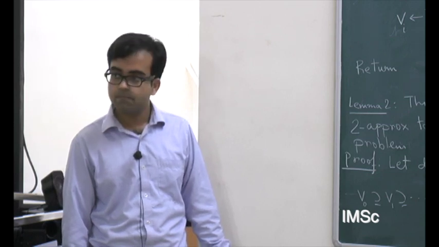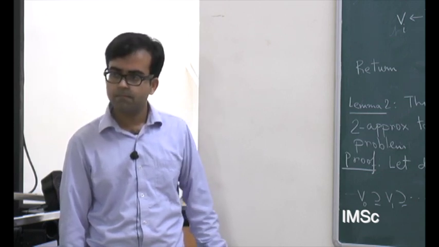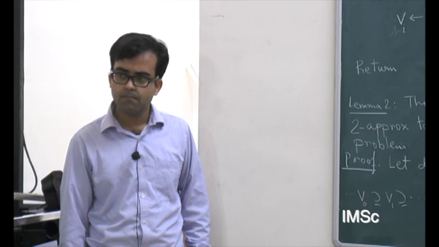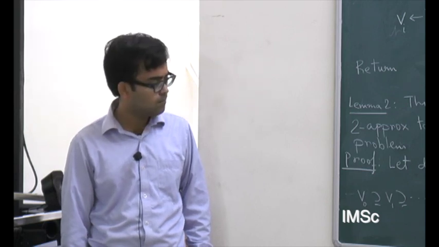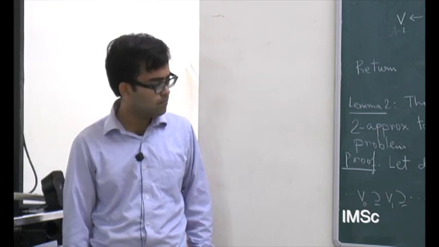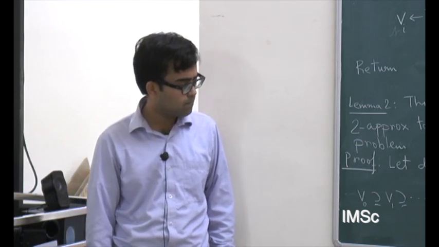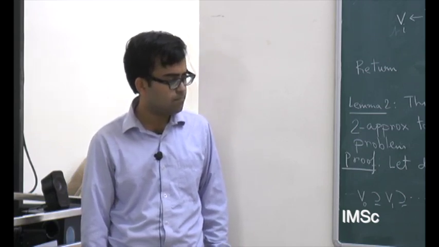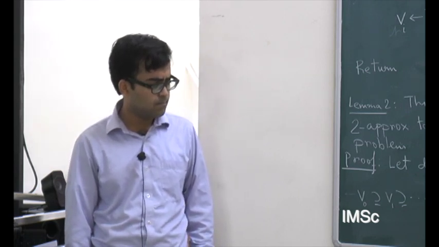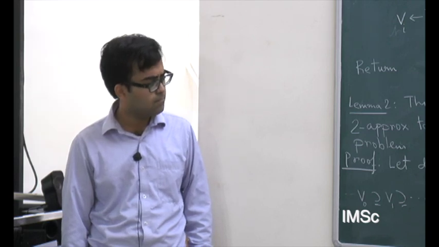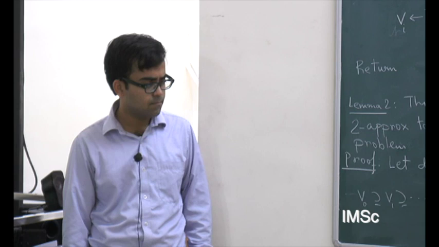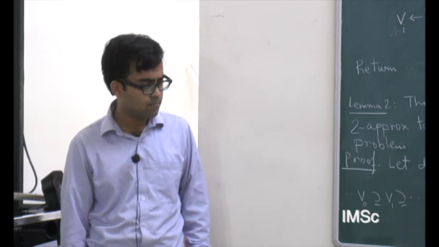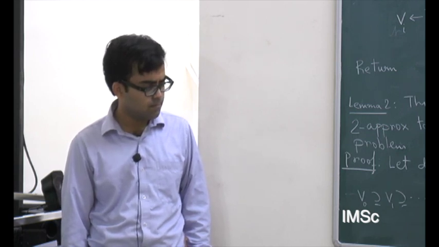So you look at the number of edges removed in each step. So assume all the vertices you remove have degree less than D star by 2. And now when I remove a vertex, the number of edges I delete from Vi to Vi plus 1 is strictly less than D star by 2.